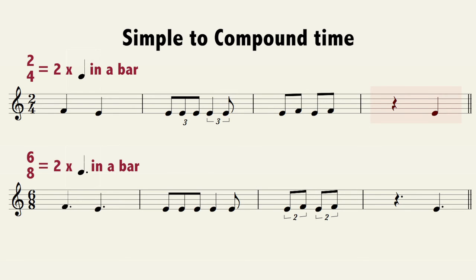We've got a crochet rest and a crochet note. We want to make them into dotted crochet beats, so we add a dot to the rest and we add a dot to the note. So in 6/8 time, we've got a dotted crochet rest and a dotted crochet note.